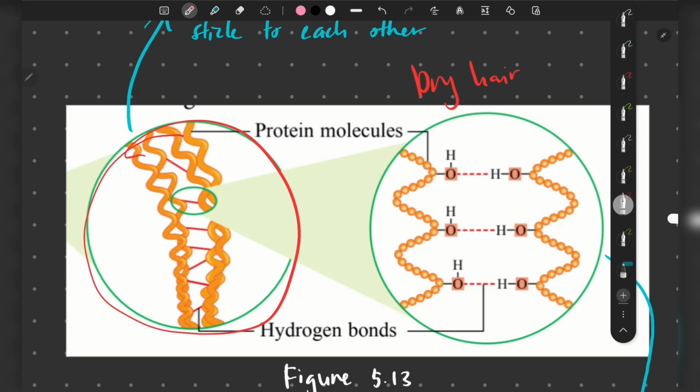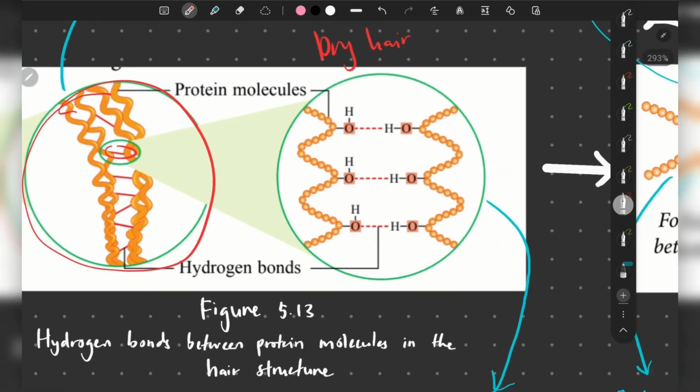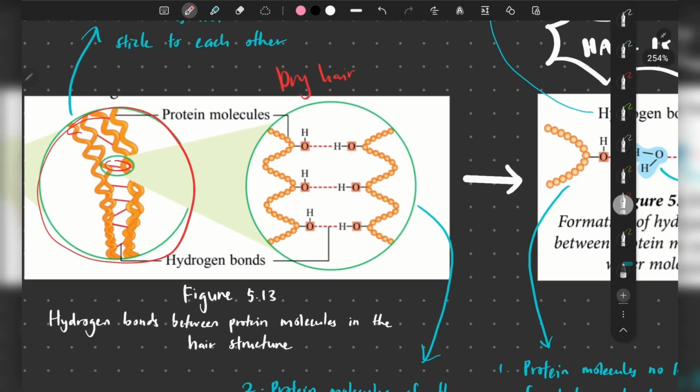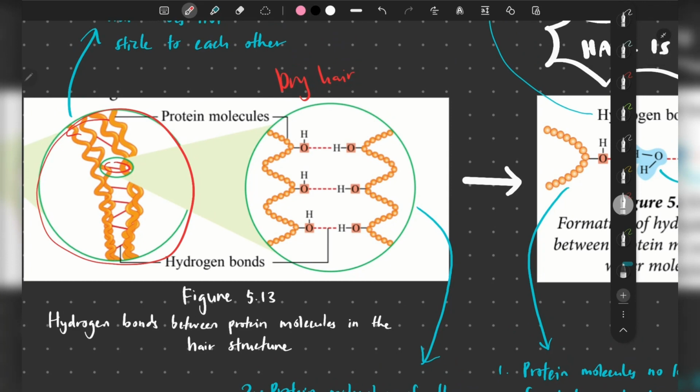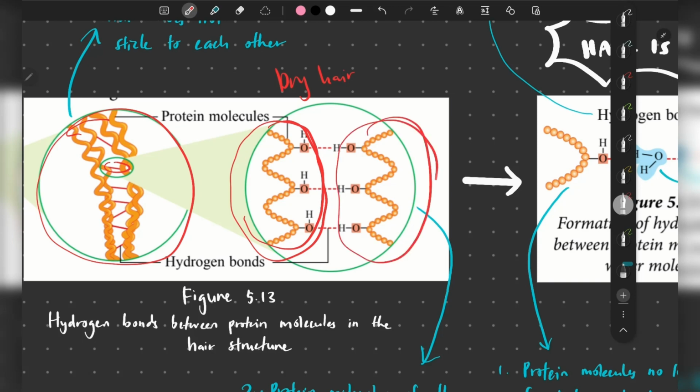So you can see that it does not stick to each other. The protein molecules form hydrogen bonds between each other. This is the first protein molecule, and this is the second protein molecule. So they form hydrogen bonds between each other. It kind of repels each other, you get what I mean? So that is why it does not stick to each other.